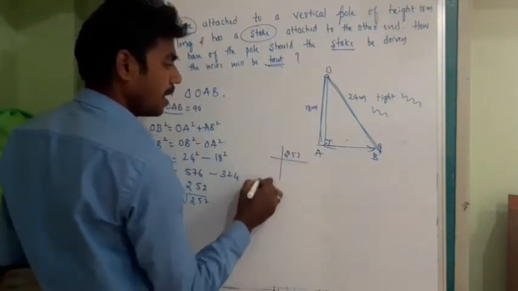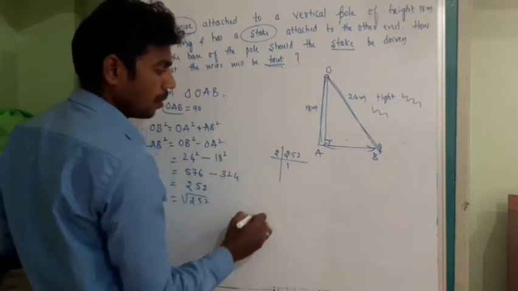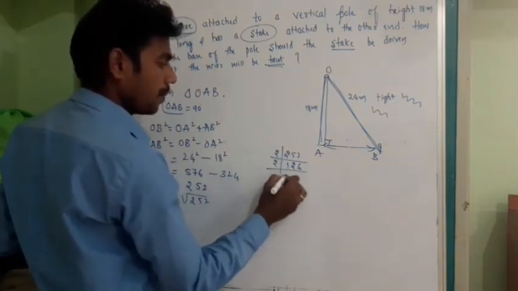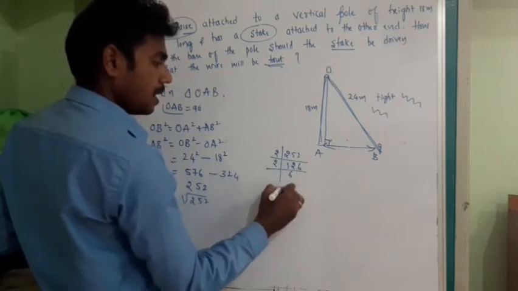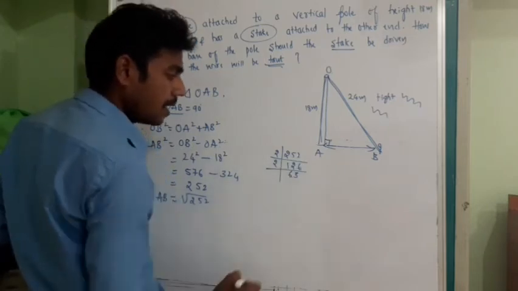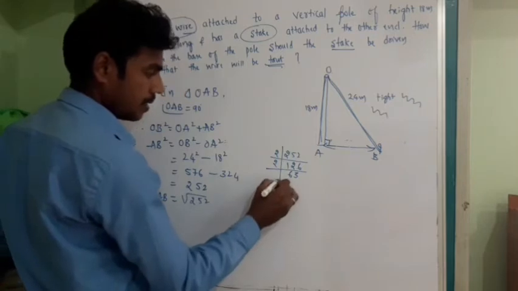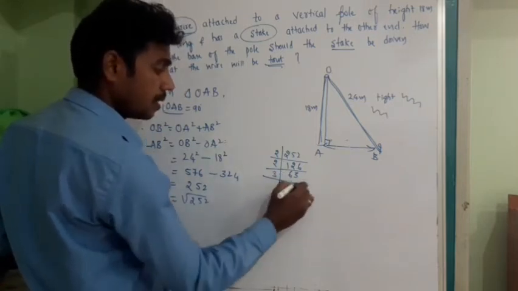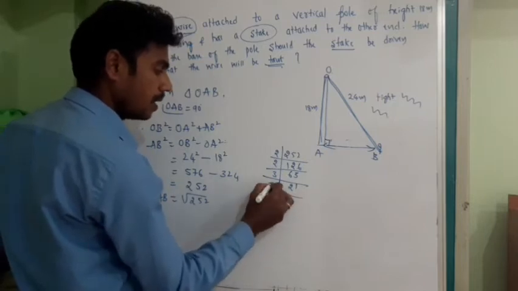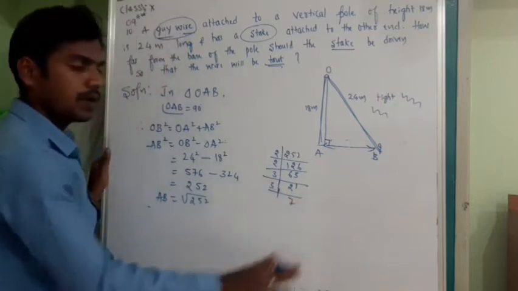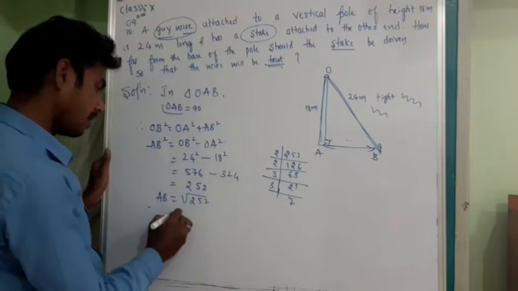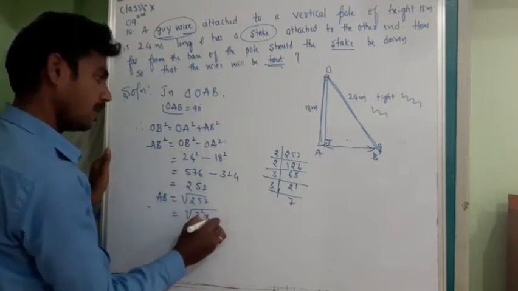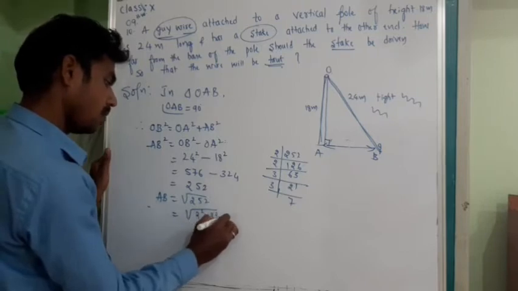So when you divide it by 2, 2 1s are 2, 2 2s are 4, 2 6s are 12. Next, 2 6s are 12, 2 3s are 6. Next, 3 2s are 6, 3 1s are 3. Next again with 3, 3 7s are 21. The 7 is a prime number, leave it. So it can be written as 2 square into 3 square into 7.